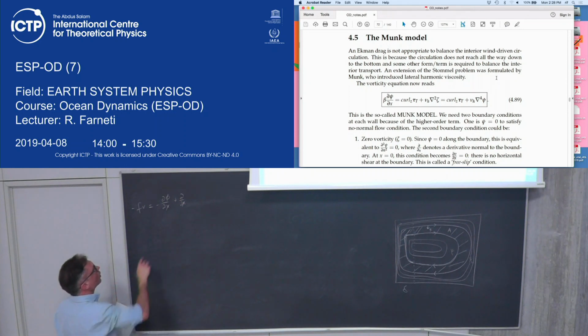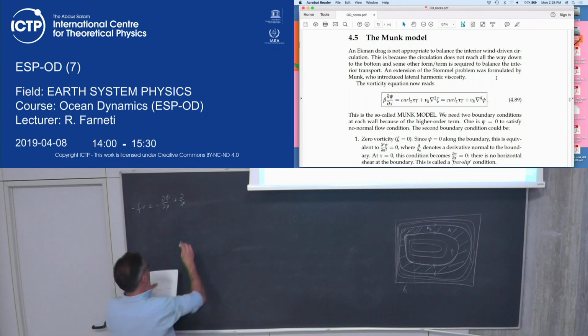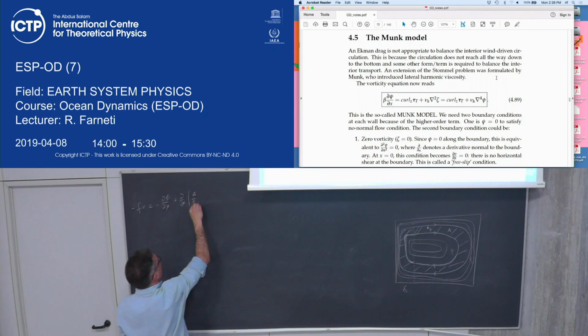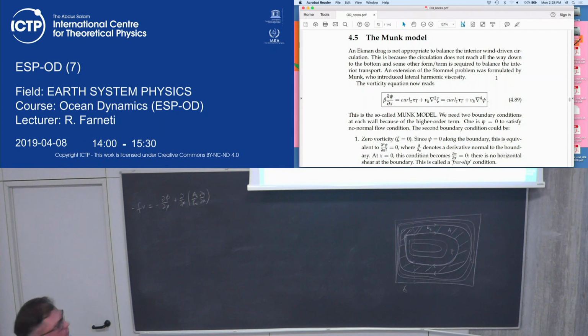Okay, so you have Coriolis, you have the pressure gradient, and here we are adding a lateral viscosity coefficient.